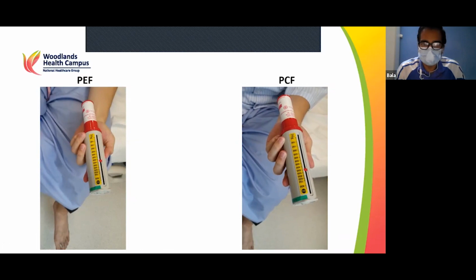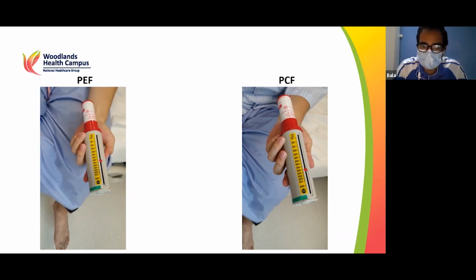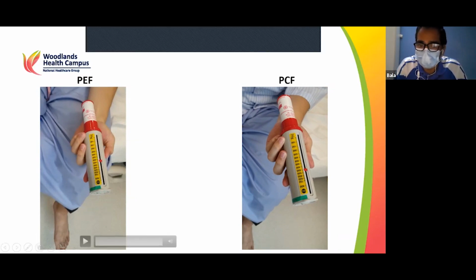So the first one, you breathe out into your peak flow meter, and in the second one you cough out. So you can see the difference. There's a difference in value between the two. Here is around 400 plus. Here it's more than 500.